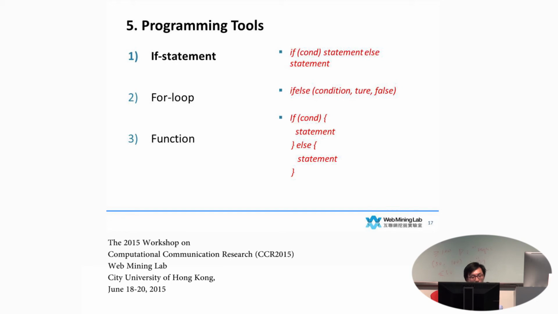Okay, we can run. See, that means 78 is a middle value. You can change it here. You can change it to 200, and then we will print a high value. Try it.